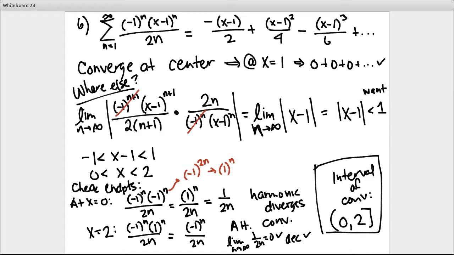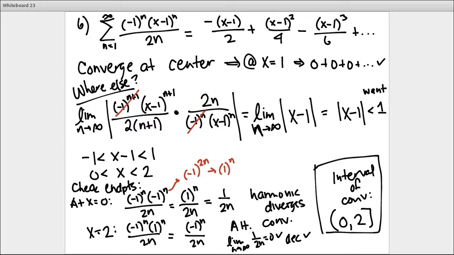All right. What was that one? That was number 6. Okay. There's more types like that on the review worksheet. The radius of convergence was 1. Your center is at 1.